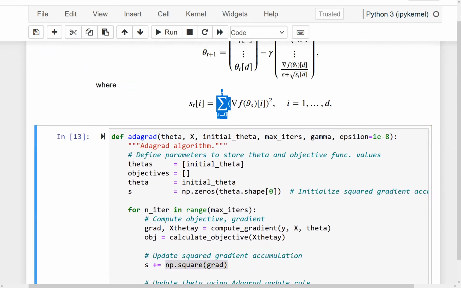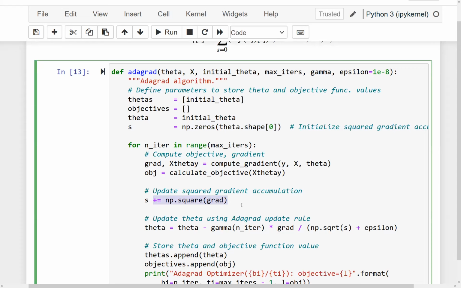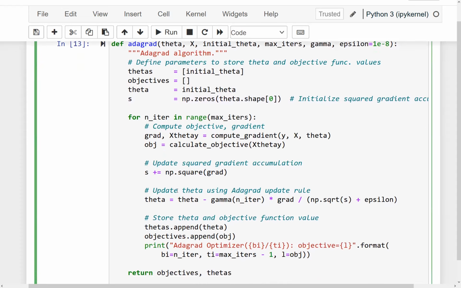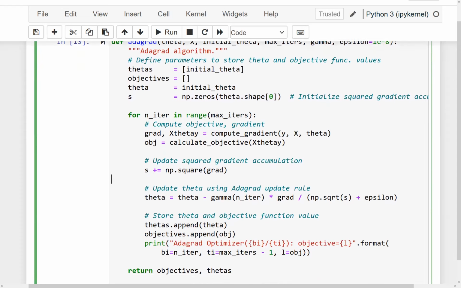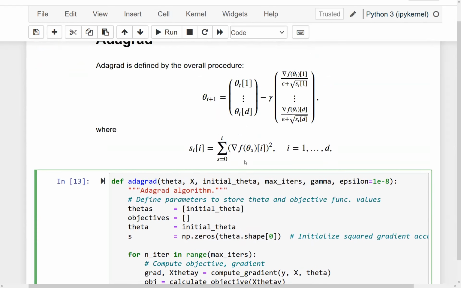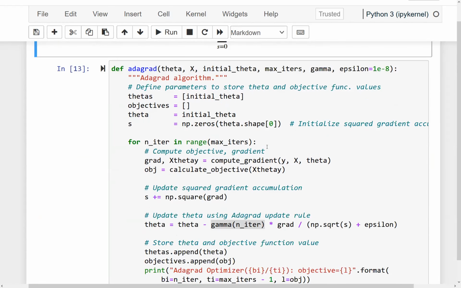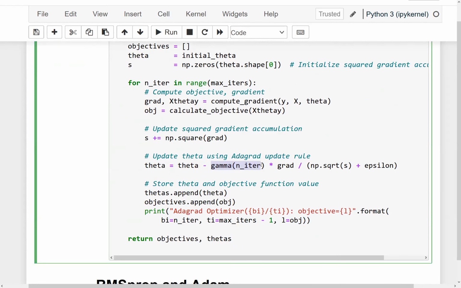You can conveniently do like this in Python. And you update the theta in the Adagrad manner, in the sense that theta is minus the baseline step size, this gamma which is appearing here, for which you can play around as you want.